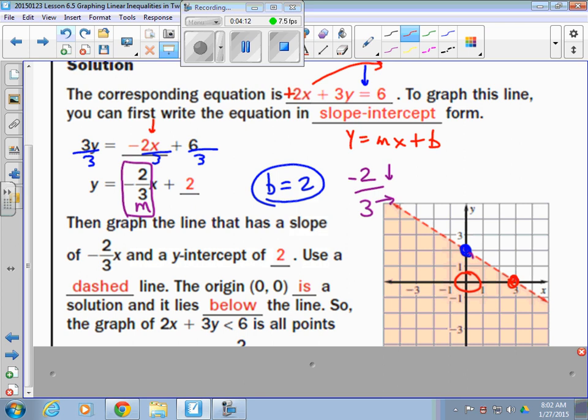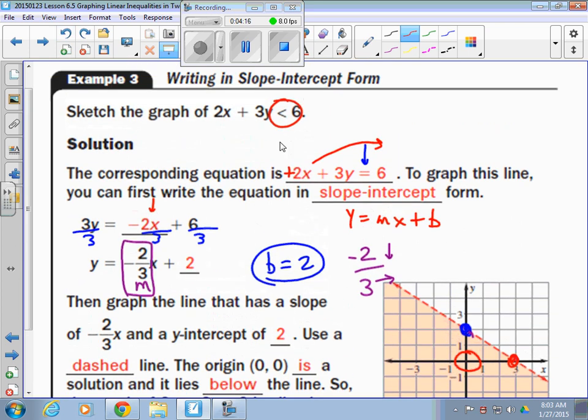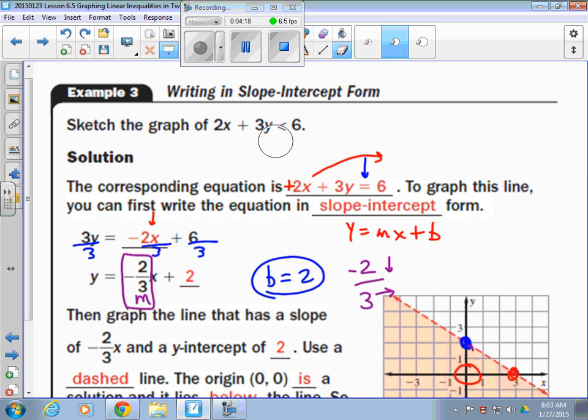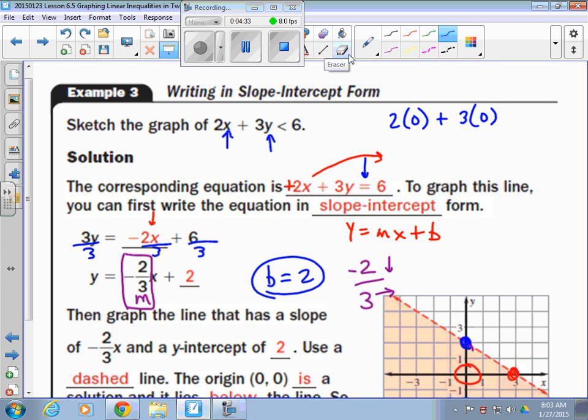The way we can determine if it's a solution or not is we can look back at the original inequality. Plug in 0 for x, and you get 2 times 0. Plus, plug in 0 for y, 3 times 0. Now, this isn't something you need to write. That's the beauty of using 0, because we know that when we multiply anything times 0, we get 0.